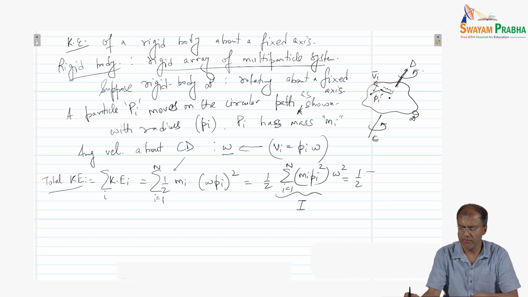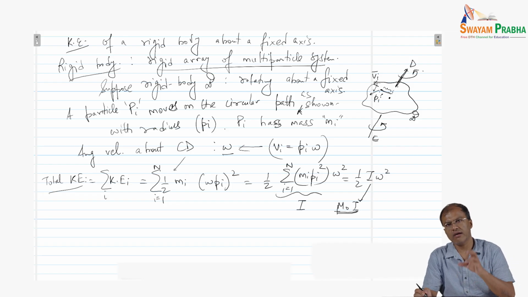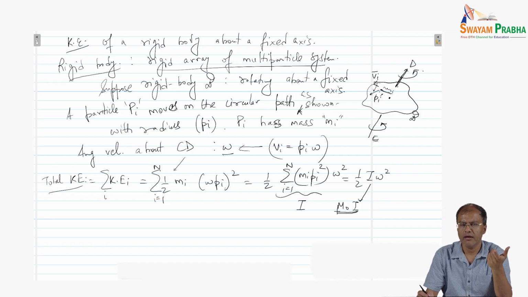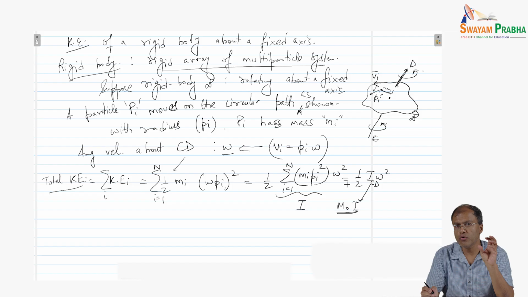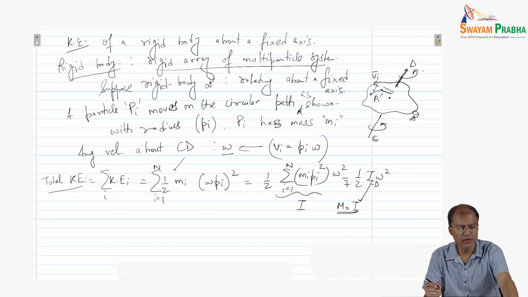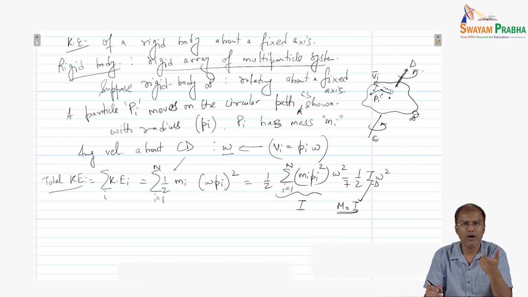So this is going to be half I omega square, where I is the moment of inertia, which has a very similar role to that of the mass of a point object which is translating. Remember, moment of inertia is always with regard to the axis of rotation we are talking about. If we change the axis of rotation of our body, then we are going to change the moment of inertia.